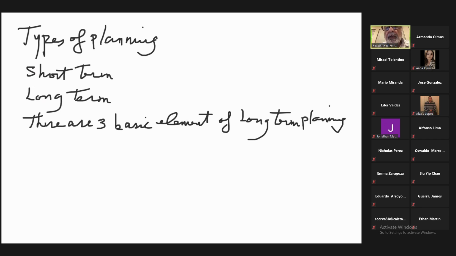The first one is forecasting demand for the system.